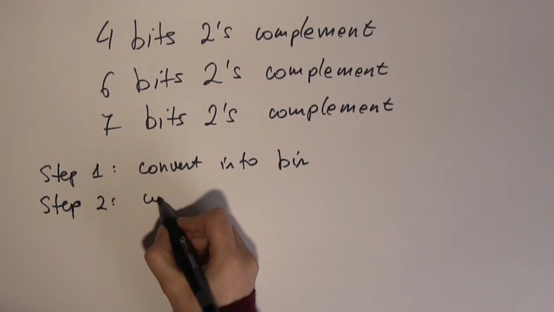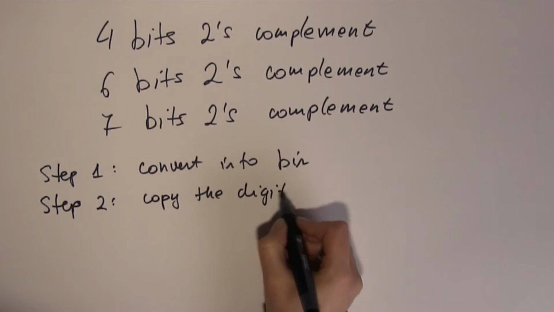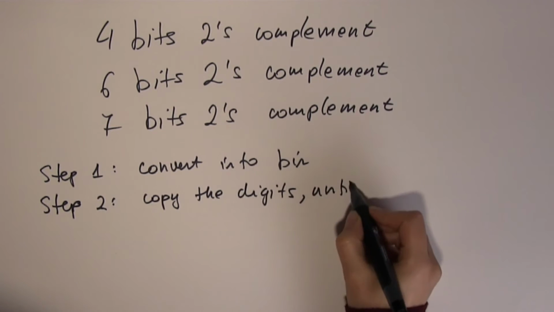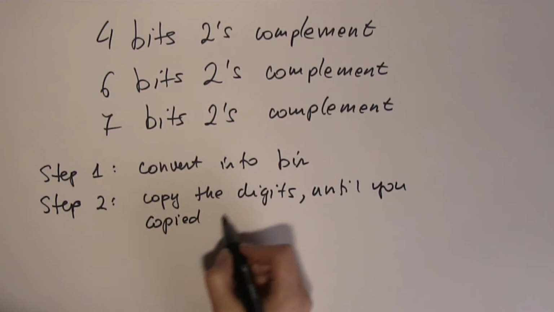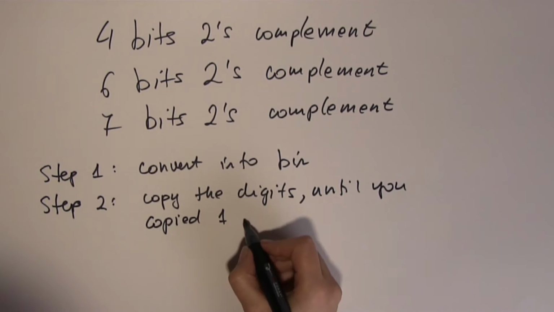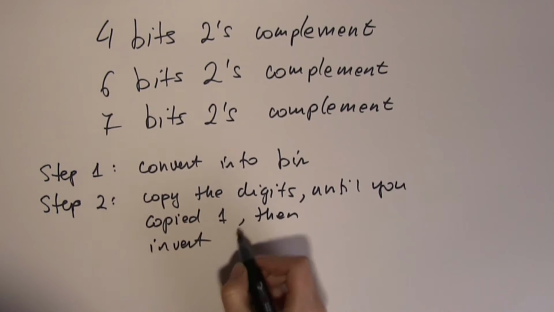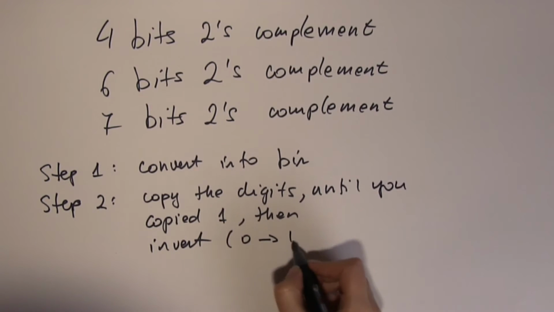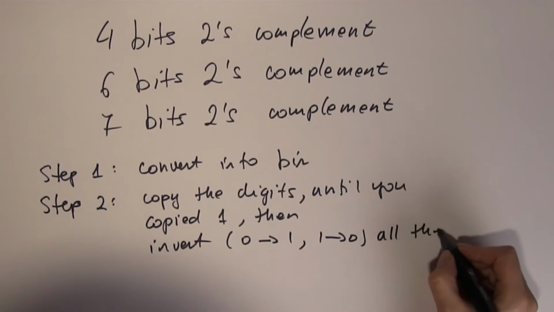So copy the digits until you have copied 1. Then you invert, and by invert I mean you change the 0 into 1 and the 1 into 0, all the digits.